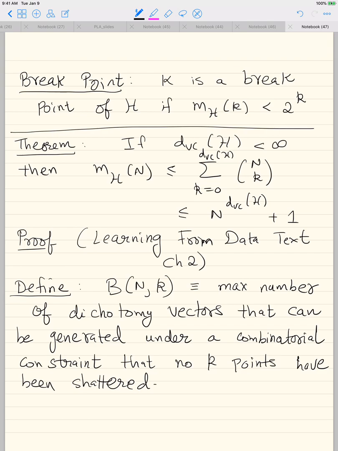You have to have less than 2 to the k vectors. This is the constraint we have. In general, there are 2 to the n dichotomy vectors, but then if you look at any k columns, they will also have all 2 to the k possibilities. So we don't want to have that. If you look at any set of k columns, you should have less than 2 to the k. It can be any number. It can be 2 to the k minus 1. That's fine, but not 2 to the k.